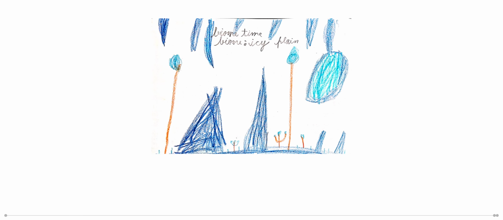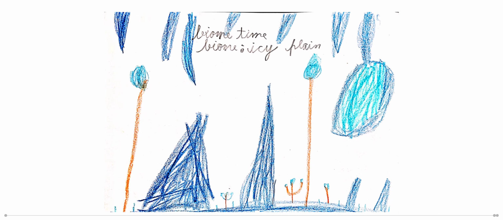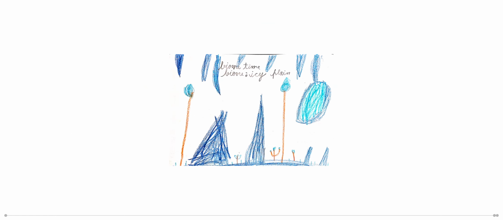Next, the icy plains biome. The trees here don't have any branches or anything. The blue thing next to that tree, those are called cryo chambers. Only one creature has ever been found inside of a cryo chamber.